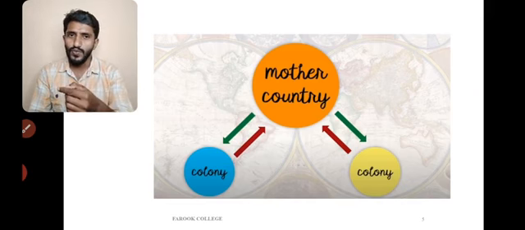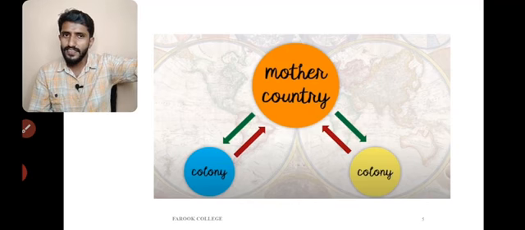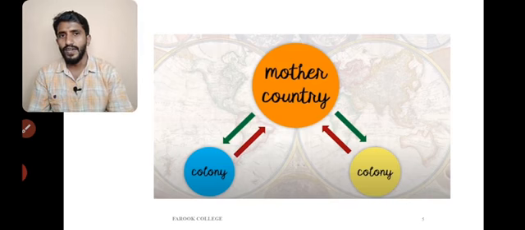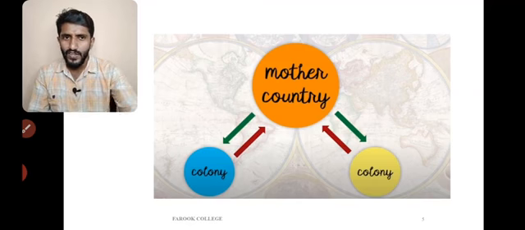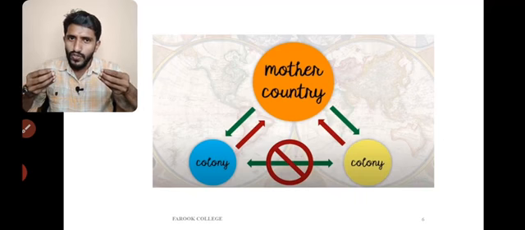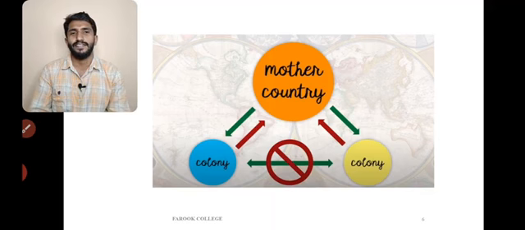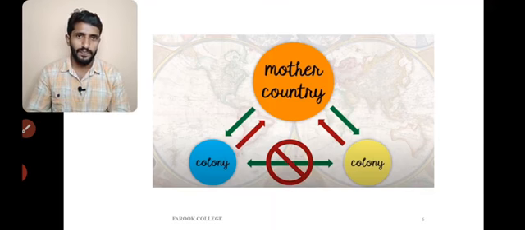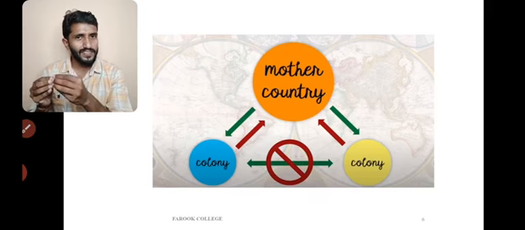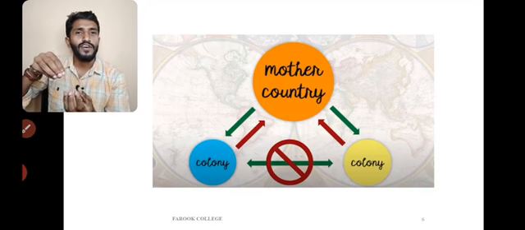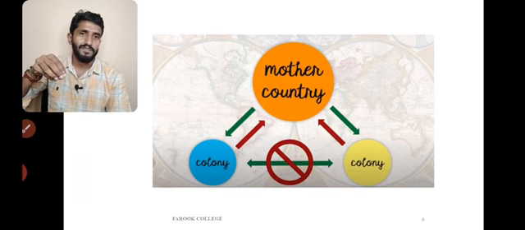Colonies will export the raw materials, and the mother country will export the industrialized or manufactured products to the colonies. But here you should understand that there is no possibility of trade between the colonies. No way. So that's why it is said that mercantilism might be a theoretical background of colonialism.